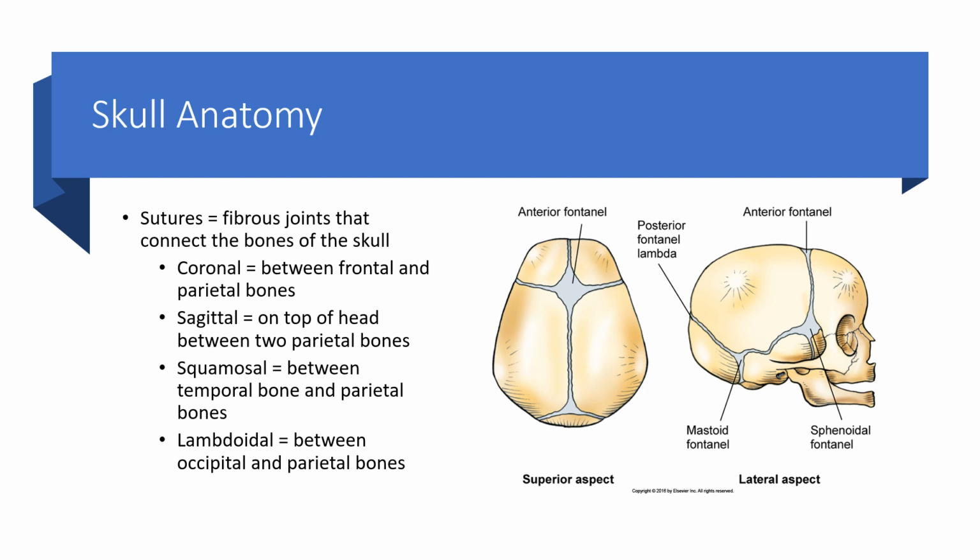And then you might notice that there are junctions of sutures on the top of the head at the junction of the sagittal and the coronal suture, and then posteriorly at the lambdoidal suture and the sagittal suture, and then two junctions on the lateral aspect of the cranium, one anterior and then one posterior. And we'll get to the names of those junctions in just a minute. For now, recognize the sutures and where those are.